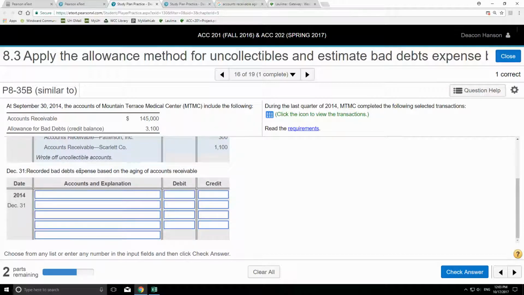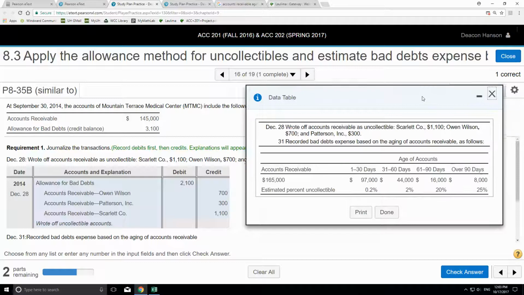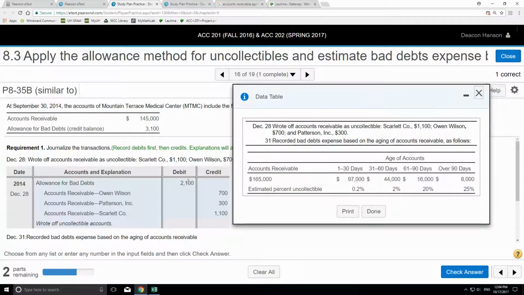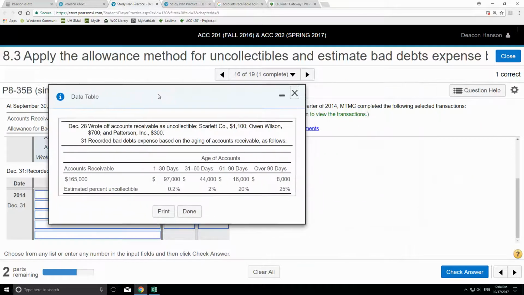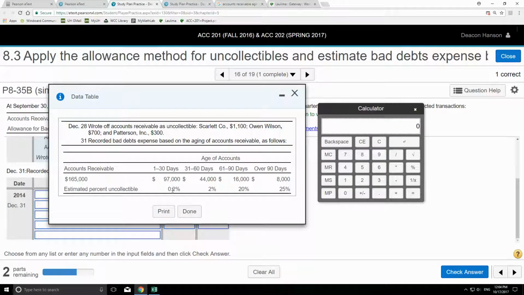Okay, now we're going to record bad debt expense based on the aging of accounts receivable. So I think we got to get to some additional information here. Here's our aging schedule. Okay, and they want to record bad debt expense. So what we have to do is go back and do these calculations. So I'm going to use my calculator. And it says 2% of the 1 to 30 day balance will go uncollectible.